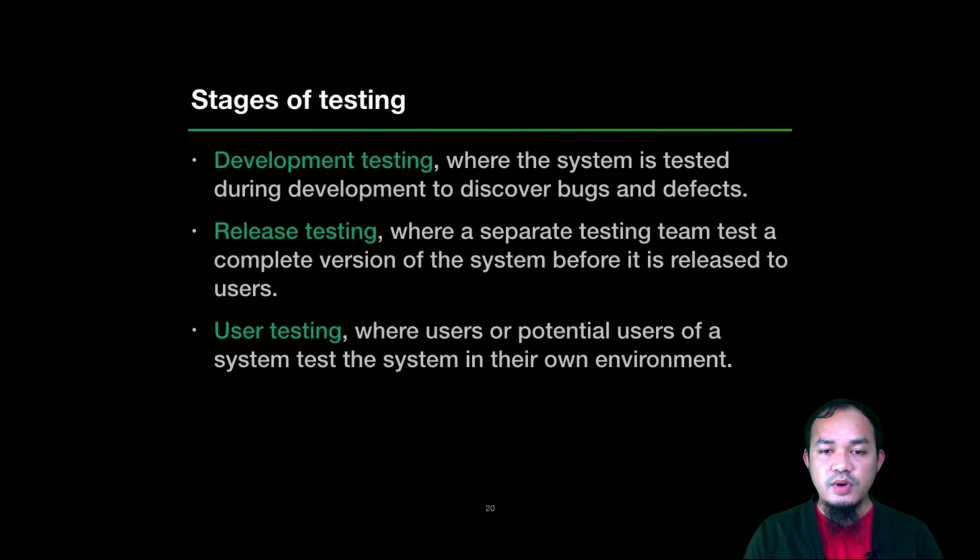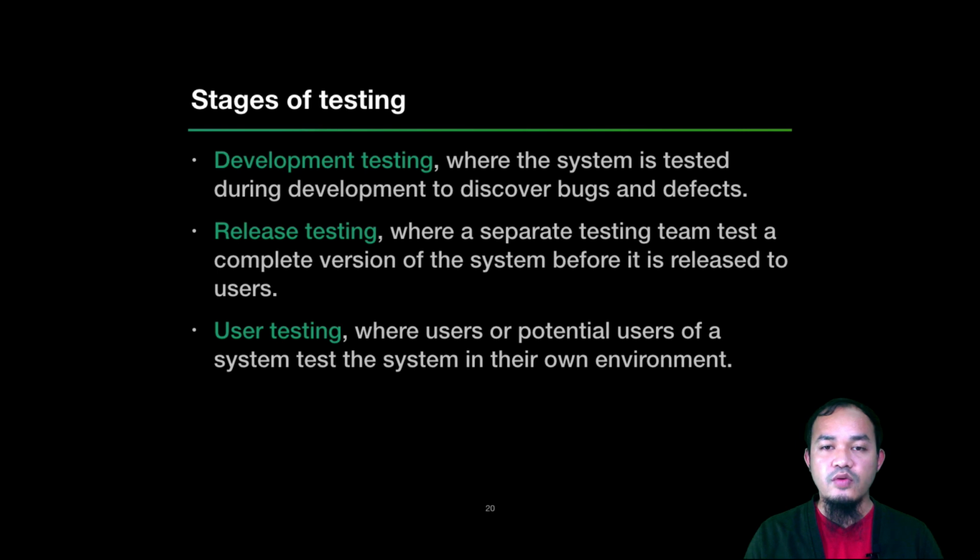User testing is when we release to the real user who uses the software, and then they give feedback to us about the testing result, such as bugs or errors and so on. We can see that development testing is actually done by the programmer, or in a large software team there may be another group of people we call software testers.